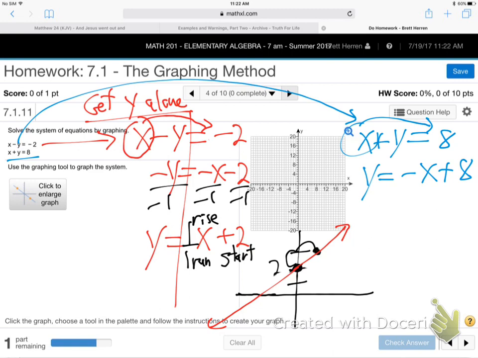So get the first dot. Three, 4, 5, 6, 7, 8.